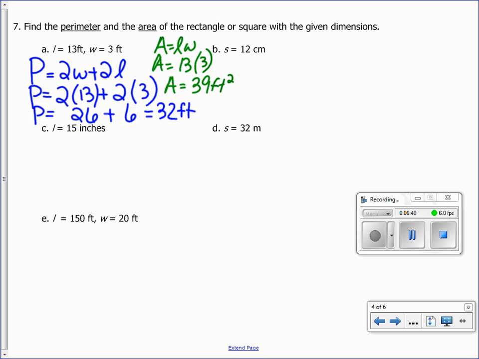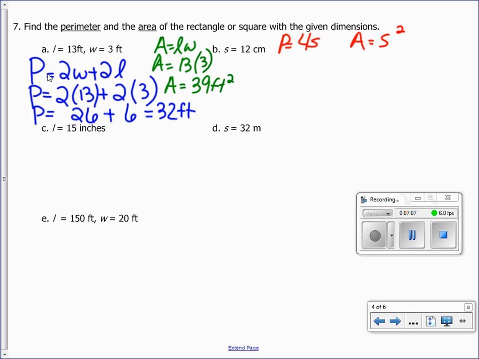Notice in B, we're working with a square. So remember the formula, or just go back to your notes for the perimeter of the square. Remember, P is equal to 4 times the side. And area for a square is going to be S squared.